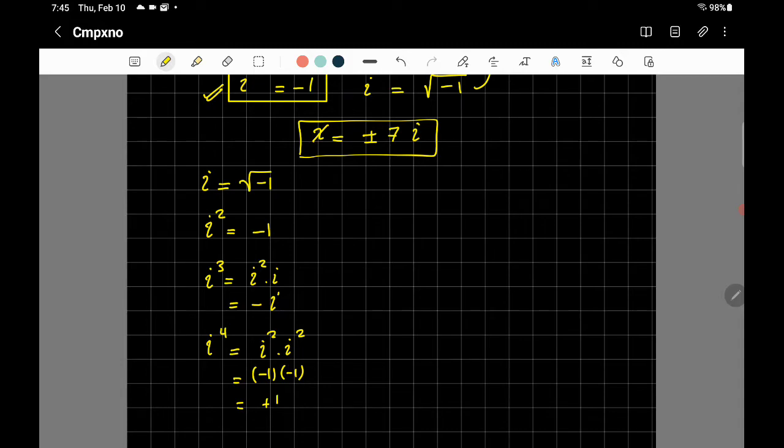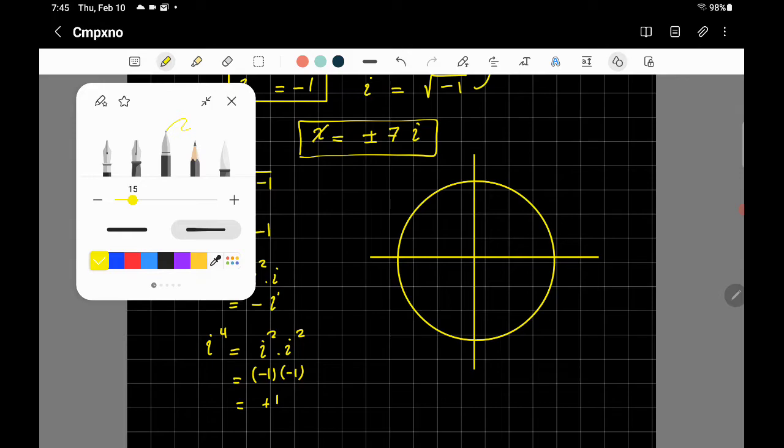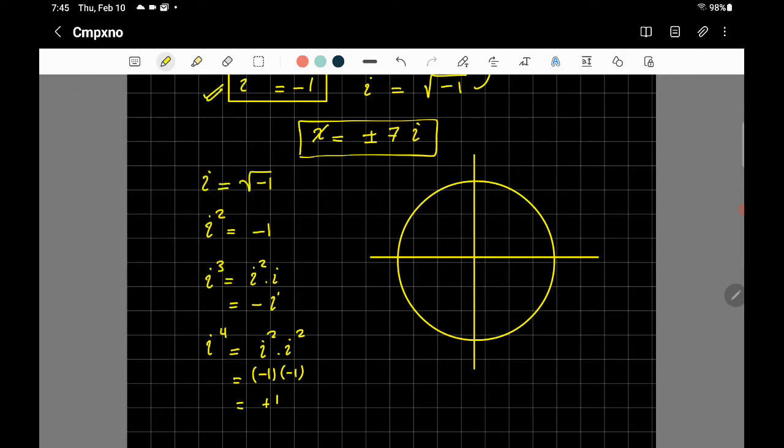We'll observe something here. What about if we have a circle, and we know that we start from this point, it's 1 at this point. We observe that if you have 180 degrees, you reach here negative 1. So negative 1 corresponding to i squared.